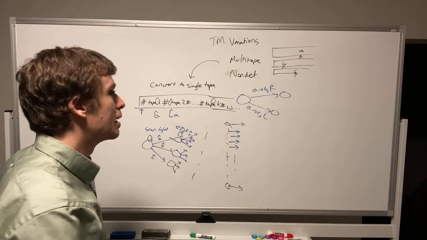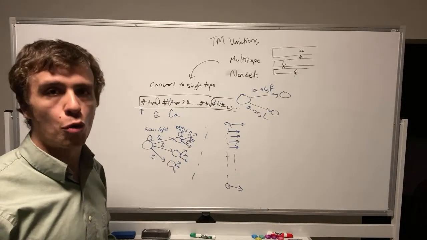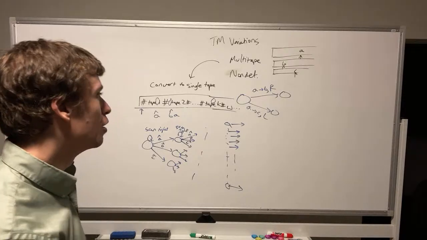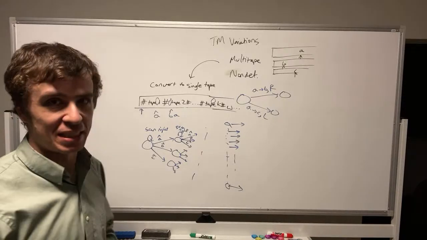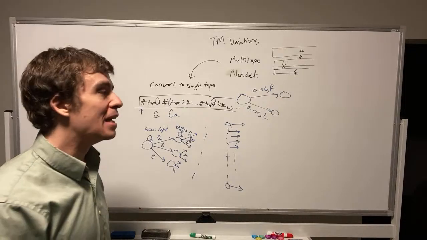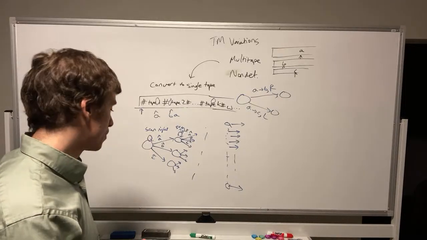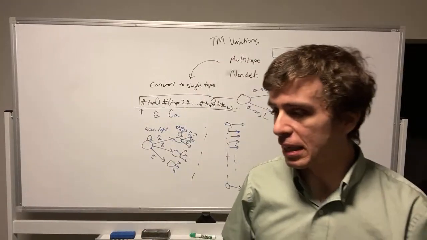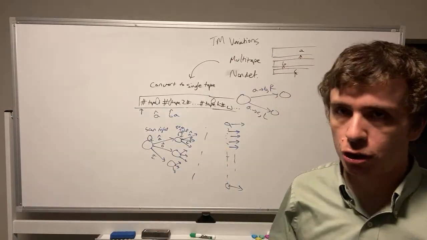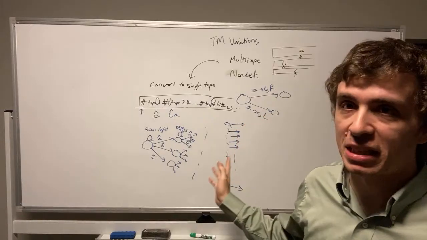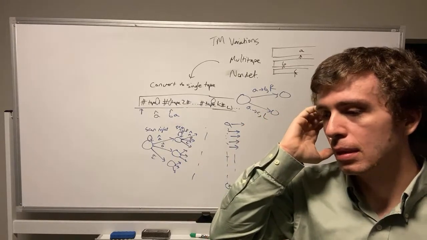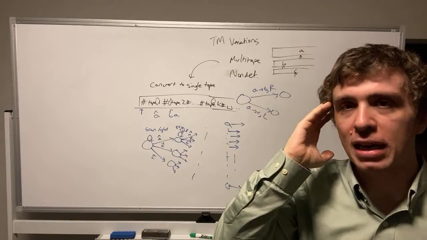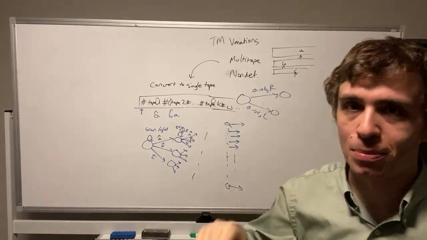I'm glossing over a lot of details because it's horrifically large. So no one actually does this, thankfully, but it can be done, which is pretty cool. And non-deterministic is a simulation approach that's not like this at all, but it's definitely a lot easier to get your mind around than the multi-tape one.